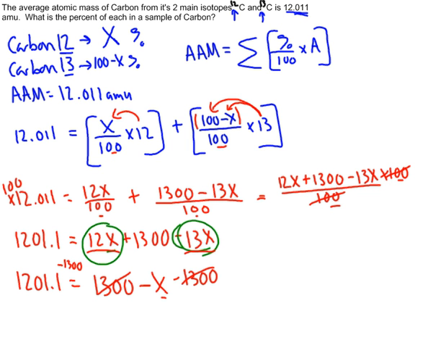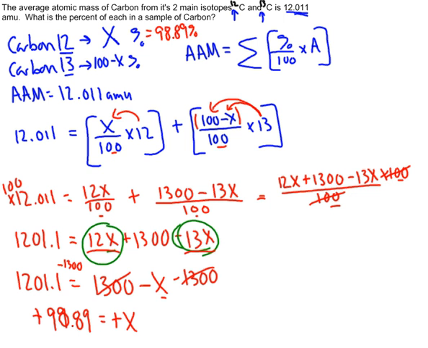And what I'm left with then is negative 98.89 equals minus x. What I'm left with here is negatives. And if you really think about this, you can divide out negative 1 on both sides, and it simply switches them to being positive.